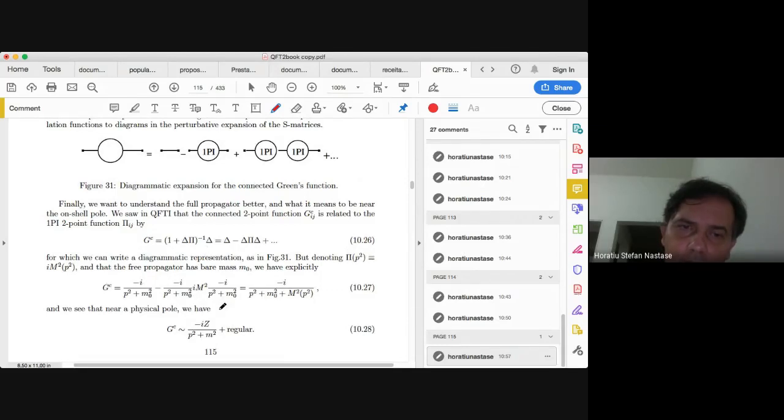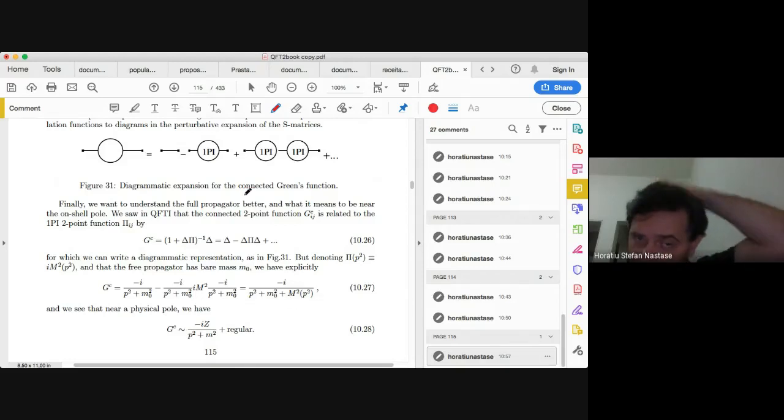Now, sorry, I don't think I wanted to say that. I want to say this whole expansion: delta minus this term plus this term, and so on, is equal to this, because the sum of these terms is equal to this.